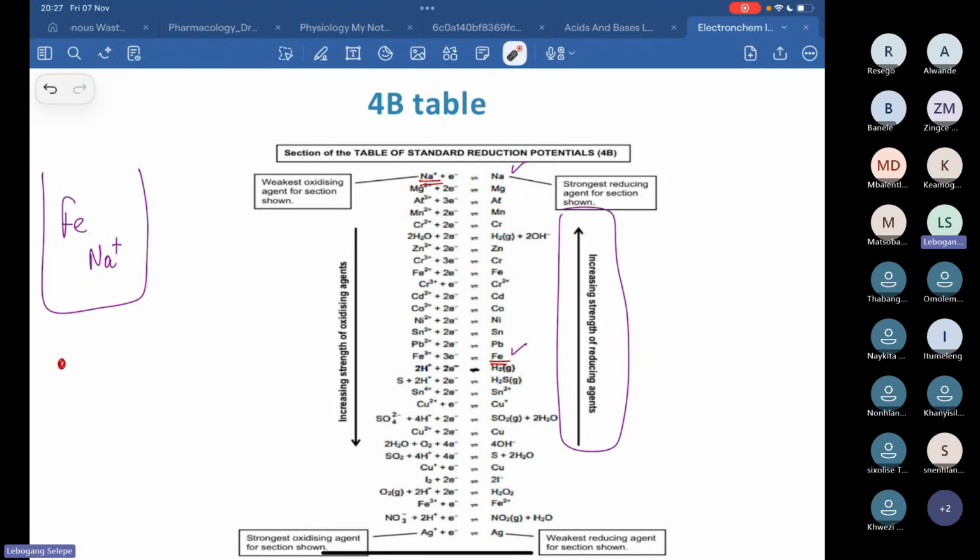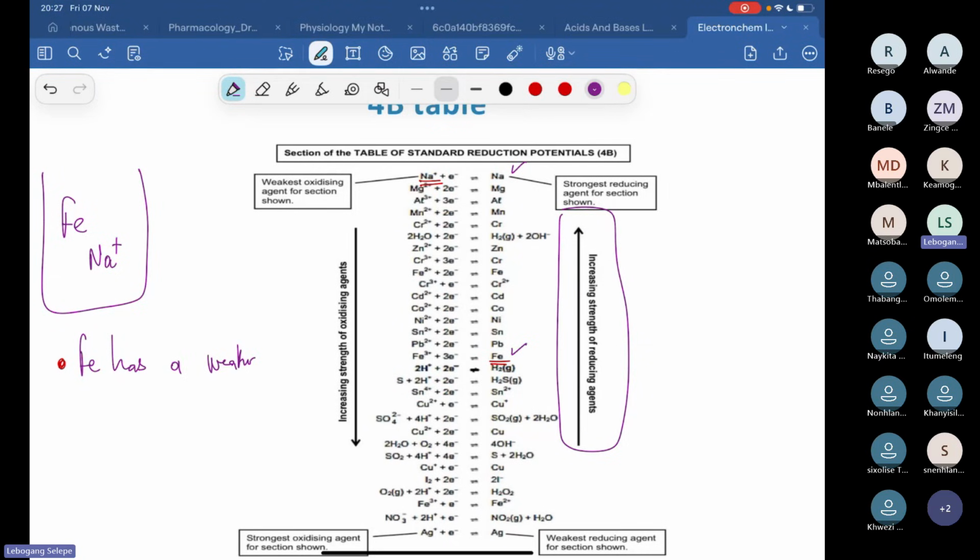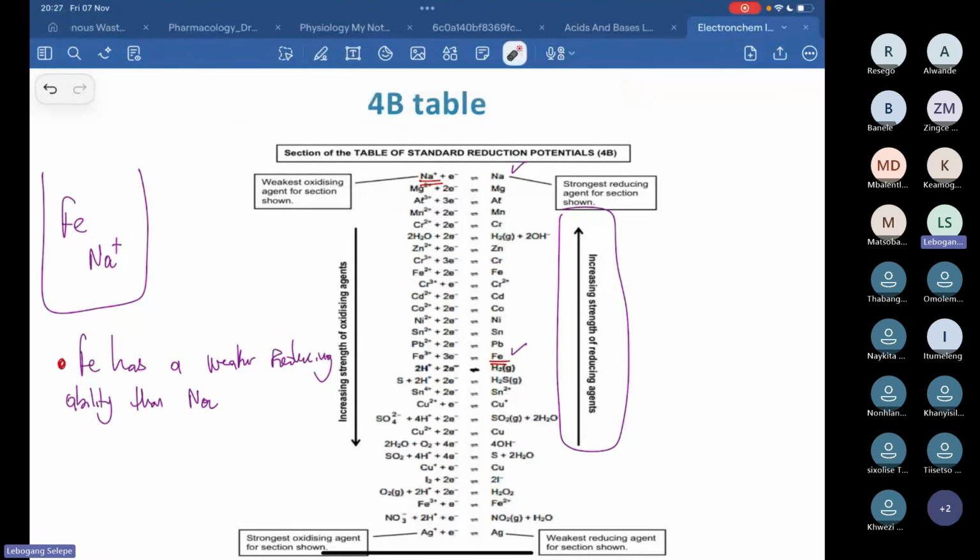So you're going to say, Fe has a weaker reducing ability than Na. What this simply means is that Na is above Fe on the table, right?